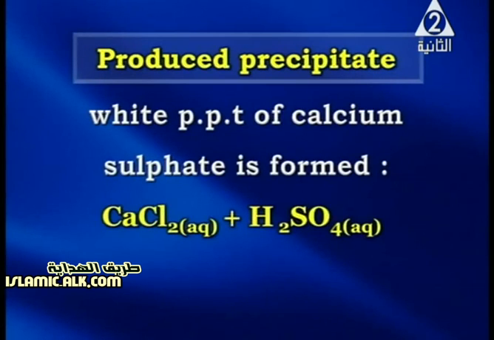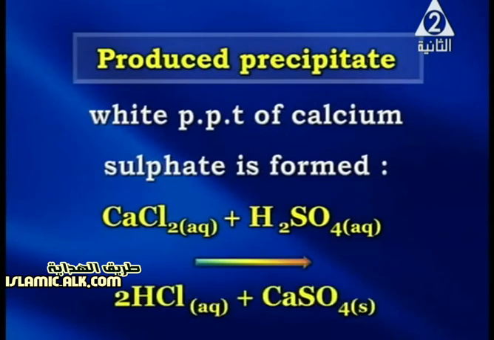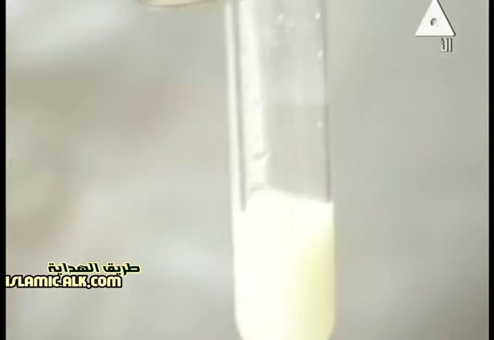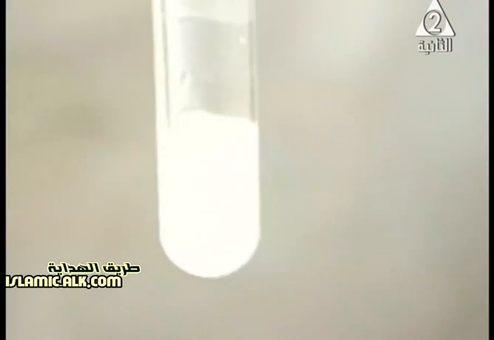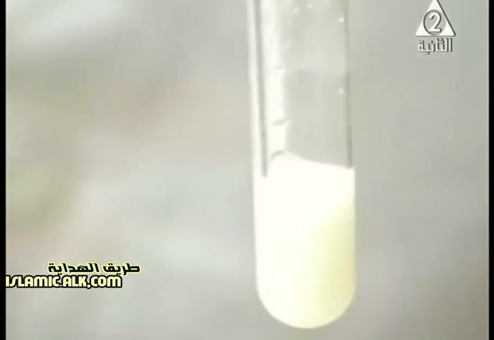As the equation proceeds on the screen, calcium chloride solution plus sulfuric acid gives hydrochloric acid and a white precipitate of calcium sulfate, as the animation shows. As shown on the screen, dilute sulfuric acid added to the calcium salt gives a white precipitate of calcium sulfate.